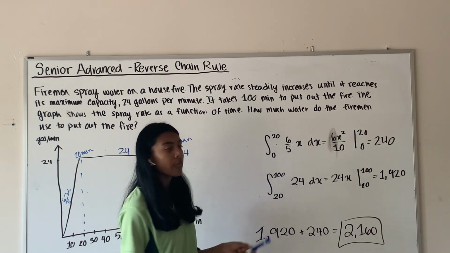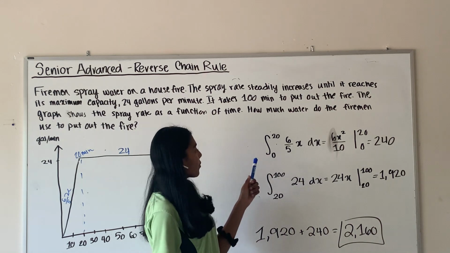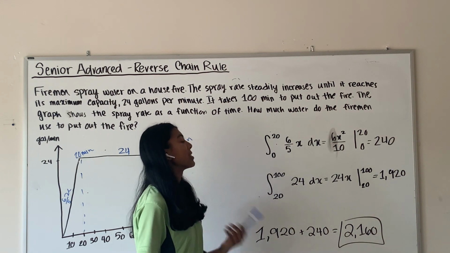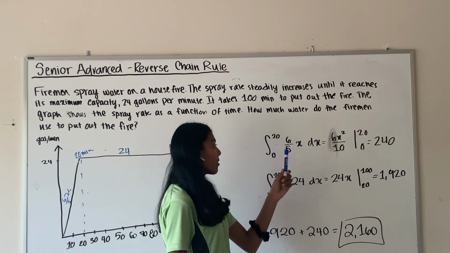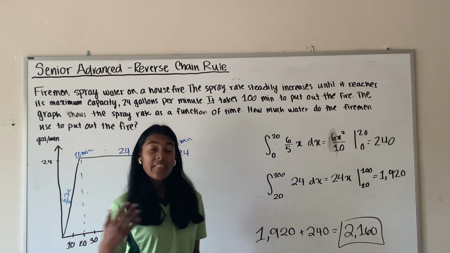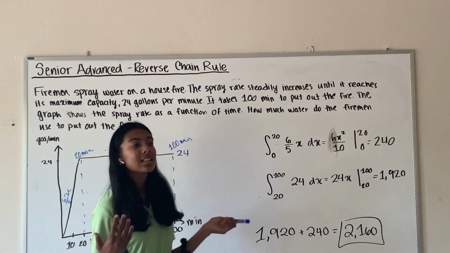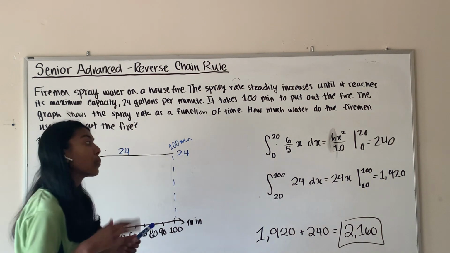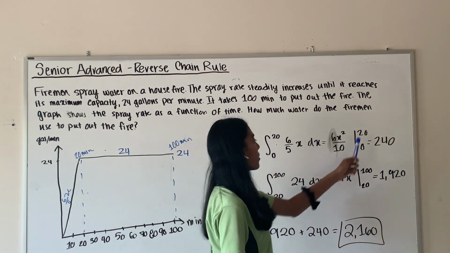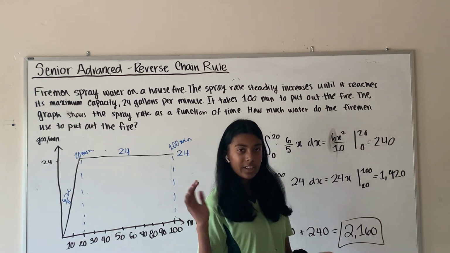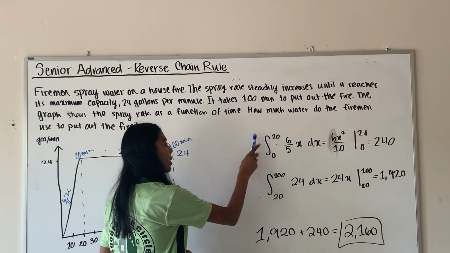So now let's solve the actual integrals. We have the definite integral, upper limit 20, lower limit 0, of 6/5 x dx. So then we find the antiderivative, and we get 6x squared over 10. Remember, since we're using definite integrals, we don't need the constant. And then we write our little notation so we don't forget the upper and lower limit. And we solve and get 240.